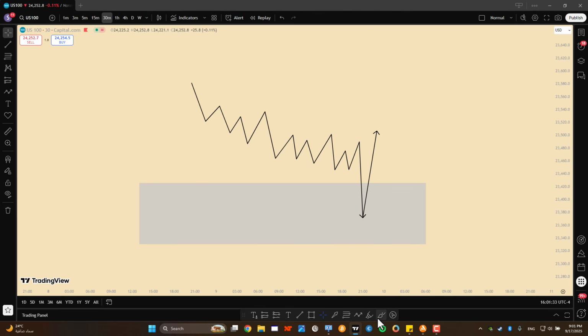All right, now not something like this. We don't need or want something like this. So this leg also faded this whole move, but you can see this is not the same as this one. All right, we need to see an identical leg, and it needs to fade this whole move to the downside.